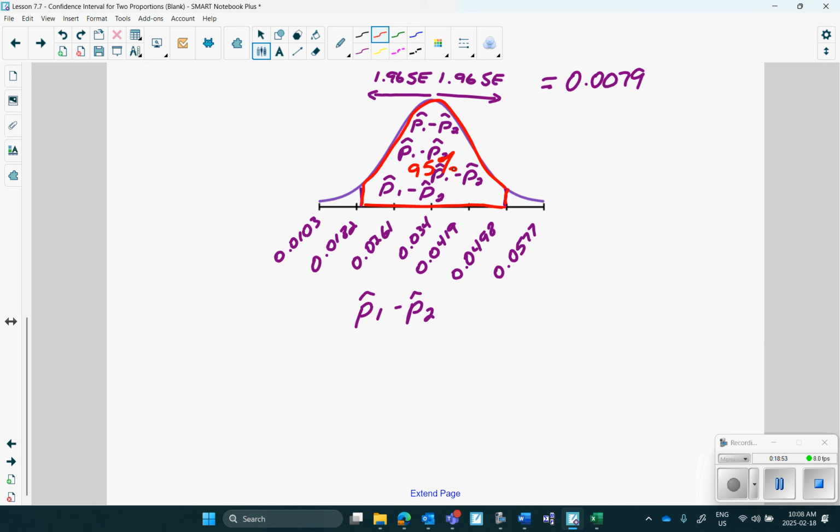All the way up to 0.0496 or 2, or maybe 0.048 if it's a little bit less, okay? But if you notice something, all the differences are positive. So that's going to actually tell us a conclusion that we'll talk about later.